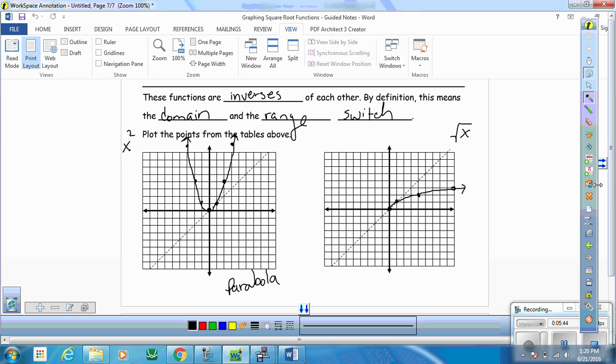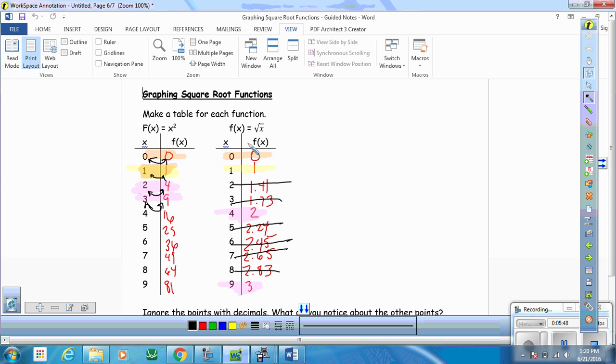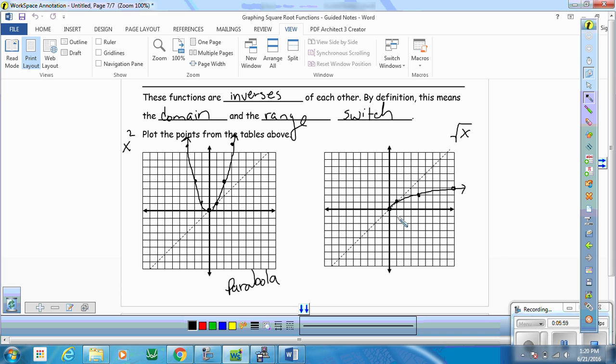We also have to remember that when we take the square root, technically there are two outputs, so it's positive and negative. So we could do the positive and negative of both of these. So that would put me with the -1 and the -2 and the -3. So we would get something that would look like this. And that makes sense.